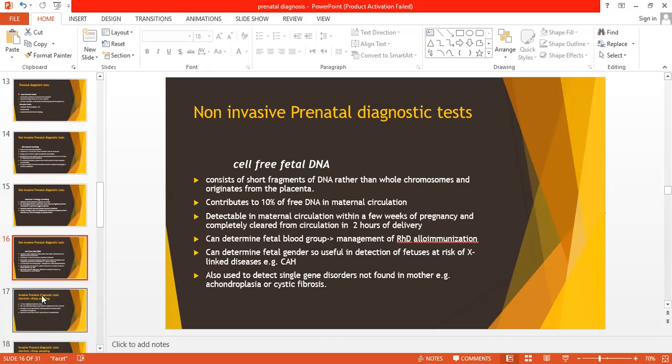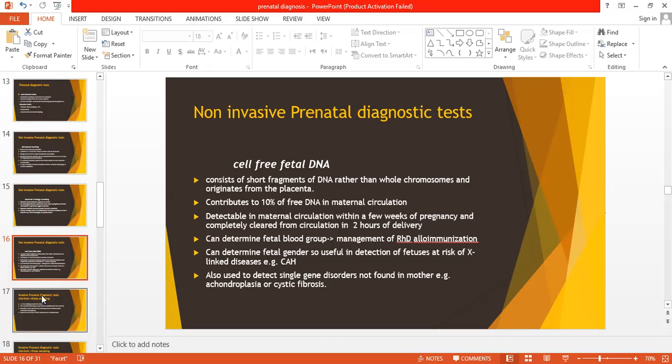Cell free fetal DNA comprises 10% of the free DNA in maternal circulation. ठीक है, तो ये आसानी से मिल जाता है. दूसरी बात ये है कि this cell free fetal DNA is present in the maternal circulation within a few weeks of gestation and it clears from the maternal circulation within 2 hours of birth. जबकि जो fetal cells होते हैं in maternal circulation that can live in the maternal circulation for many years.